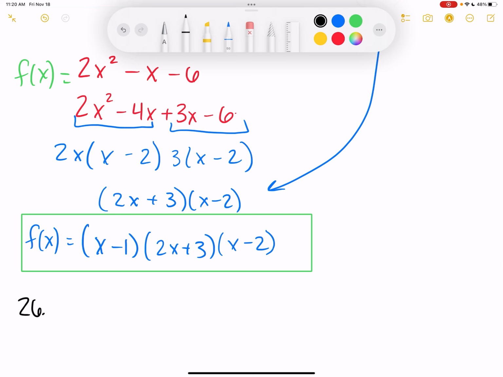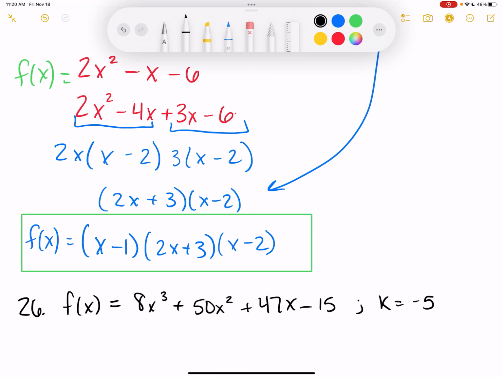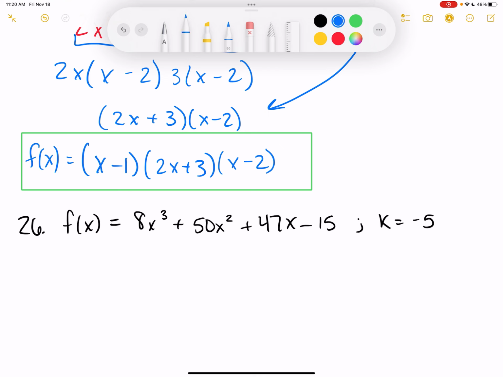Alright, another one of those. Number 26: f of x equals 8x cubed plus 50x squared plus 47x minus 15, equals negative 5. He's going to make me do jump ball. Alright, so we need to start out with synthetic division.